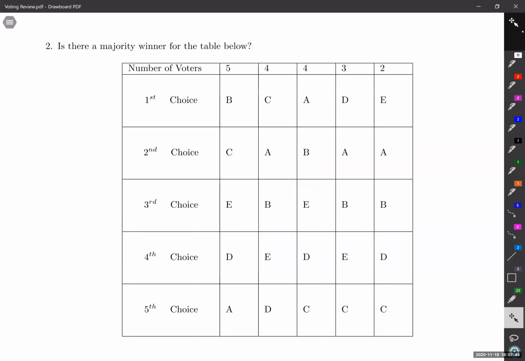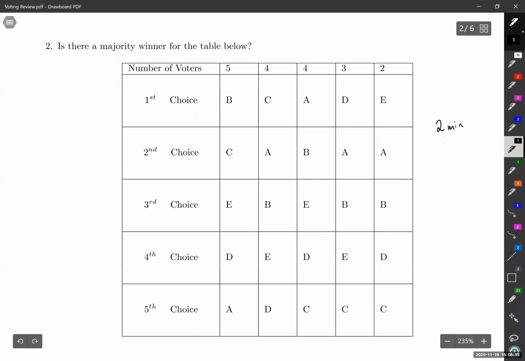I'll give everybody a moment to copy down this next column. Now, it is just majority, so you really only have to worry about copying down the first row, right? Because we only care about first place choice for majority. And then let's all take a bit to think through what we would do in this process. We would first find the total number, figure out what number is at the cutoff more than 50%, and see if anybody gets that total. Let's work on this on our own for about 2 minutes.